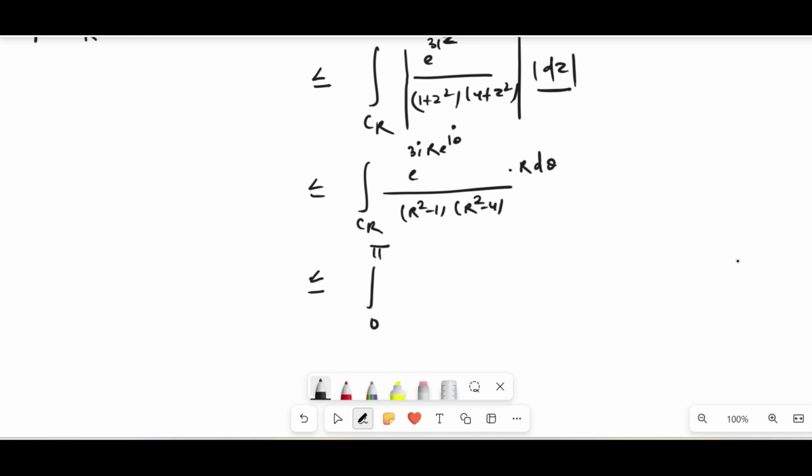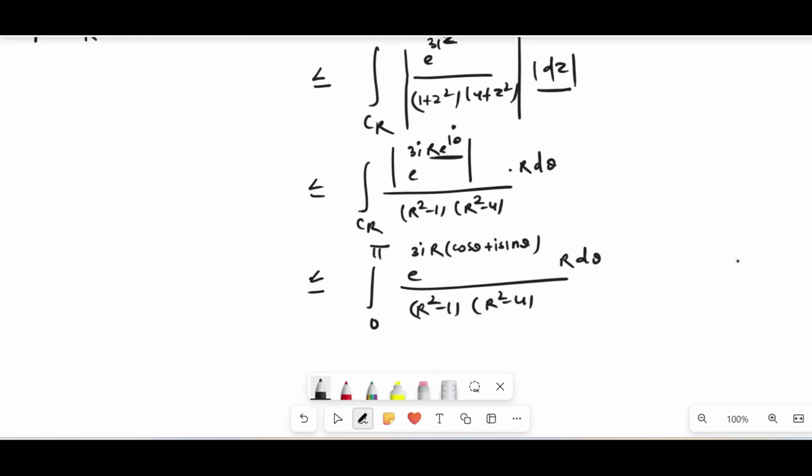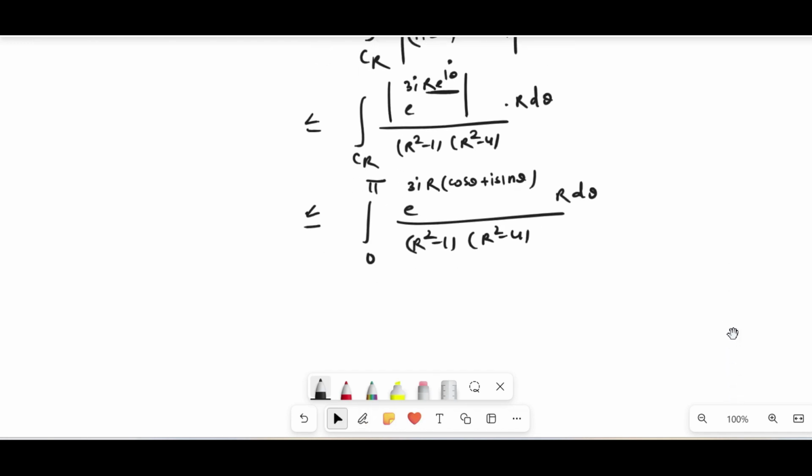So simplify this here, e to the power of 3 times i r, we can write here cos theta plus i sin theta. So we need to take the modulus here. So that is r square negative 1, r square negative 4, r d theta. So now we need to write the modulus here, 0 to pi.